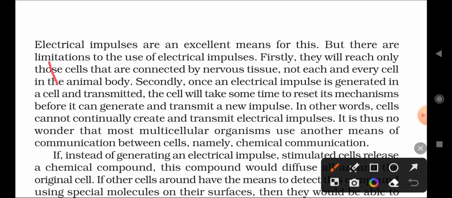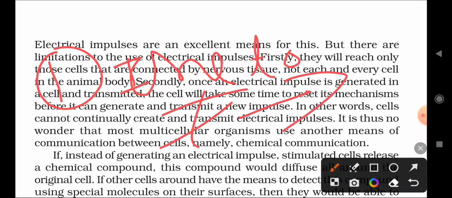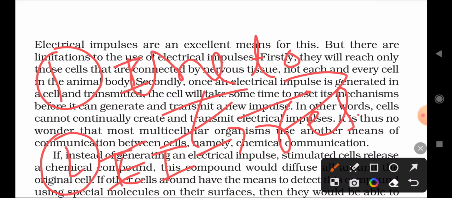What are the two major disadvantages of electrical impulse? First, the information reaches only those cells connected to each other; cells which are not connected will not receive the information. Second, once an electrical impulse is generated and transmitted by the cell, it will take some time to reset its mechanism.